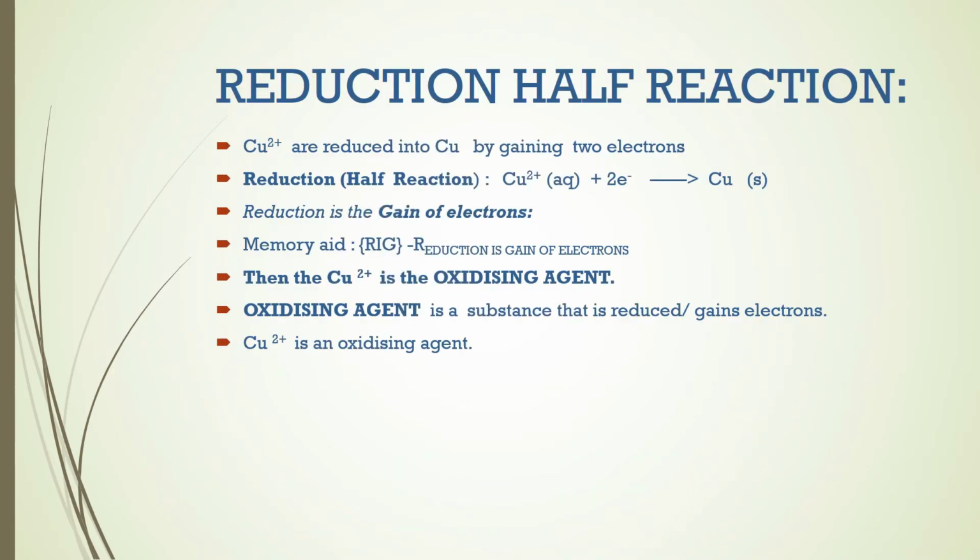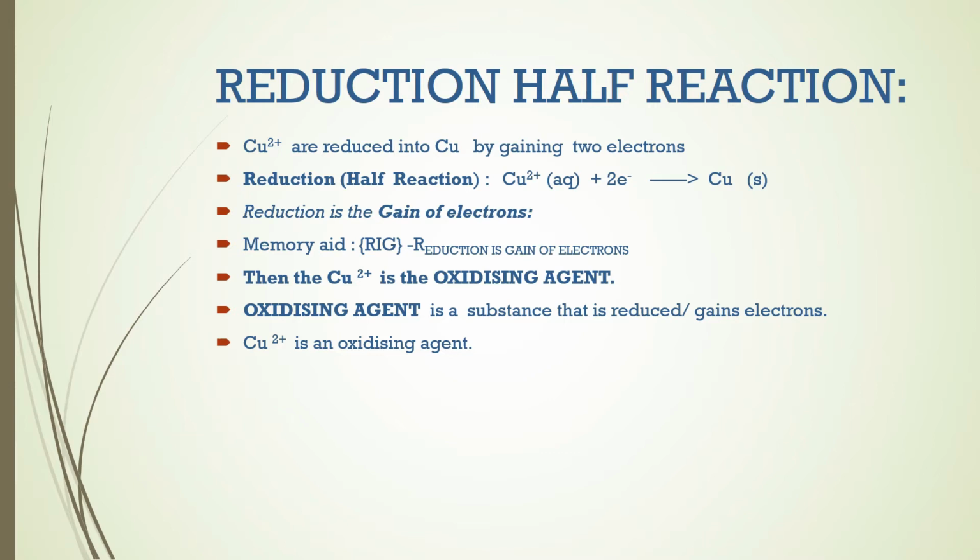Writing the half reactions. Reduction half reaction. Copper 2 plus is reduced into copper by gaining 2 electrons. The reduction half reaction is copper 2 plus in aqueous form plus 2 electrons forming copper in solid form. Reduction is the gain of electrons.